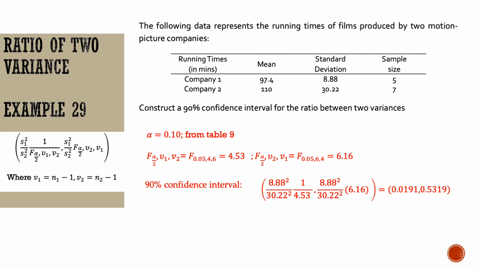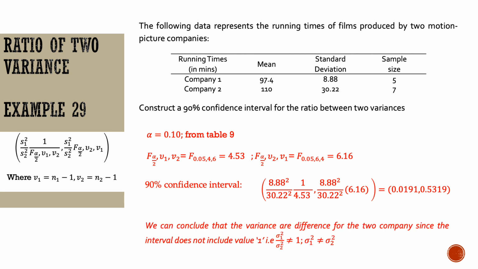If the confidence interval contains value 1, we say the variances are equal for the two populations. So, for this example, we can conclude that the variances are different for the two companies since the interval does not include value 1.